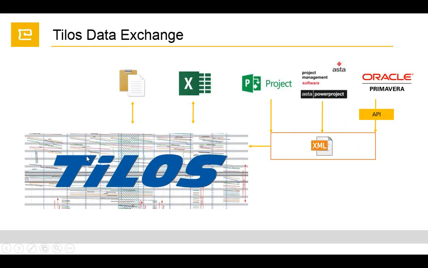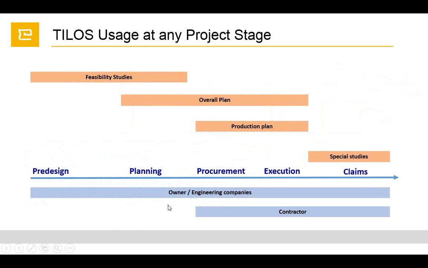Inside Tilos you can put the progress, and these values will be converted into percentage, so you can import back to Primavera. So for the progress you can go back from Tilos to Primavera. It is much better. Or you can keep the distance-based progress separately in Tilos for controlling your works. You can use Tilos at any stage, as we said: pre-design, planning, procurement, execution stage.